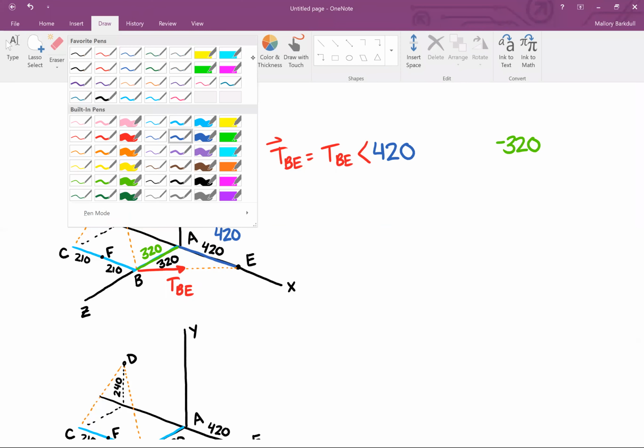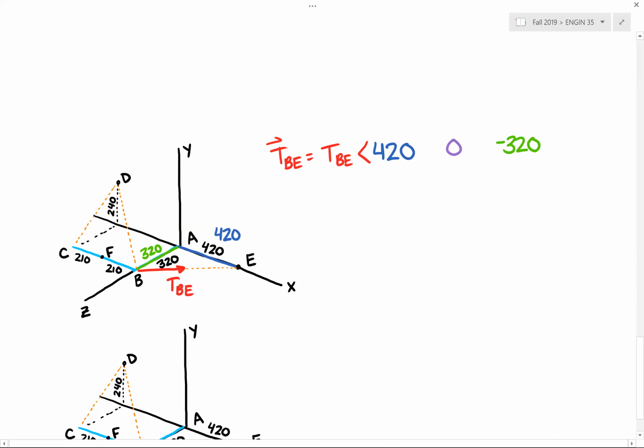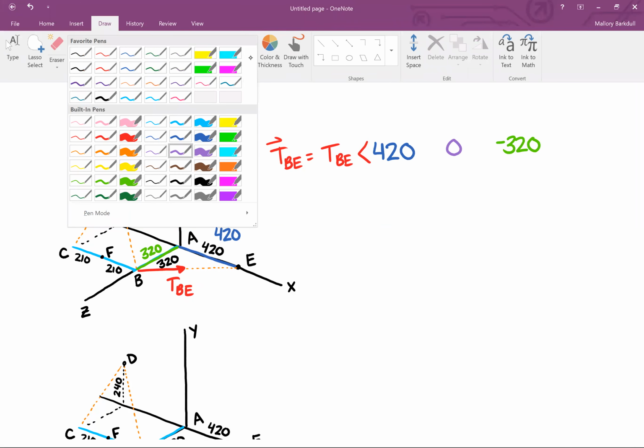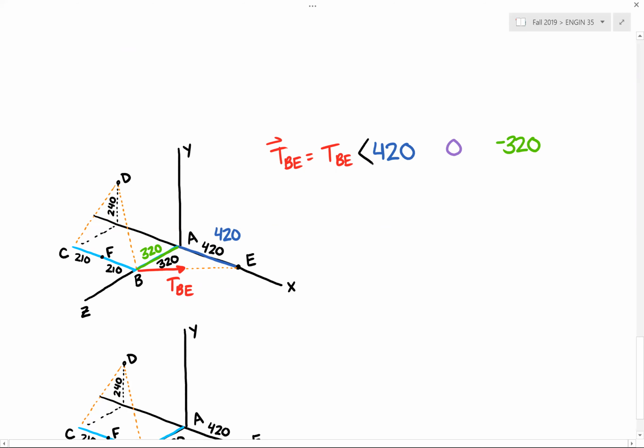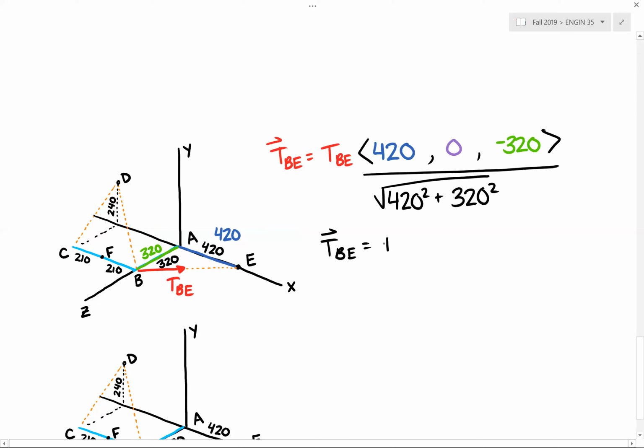And at that point I'm at E, so I need to go 0 in the Y direction. And then I divide by the magnitude of that line. So I'm left with TBE is magnitude TBE times 0.795, 0, negative 0.61.